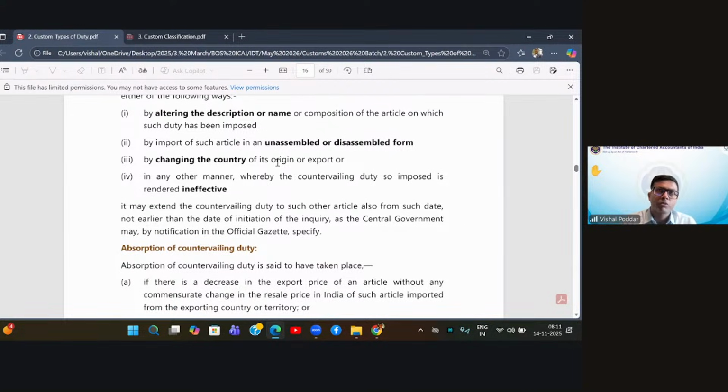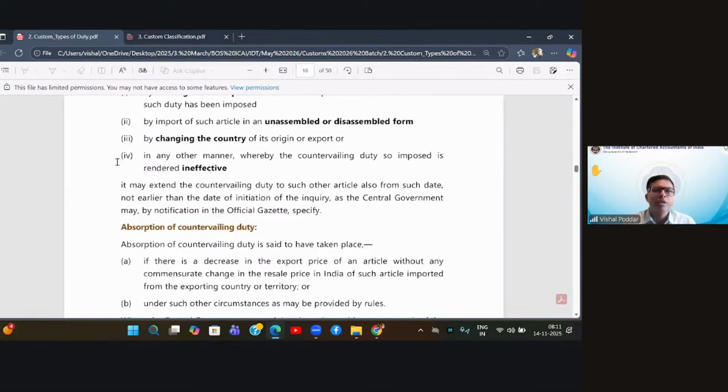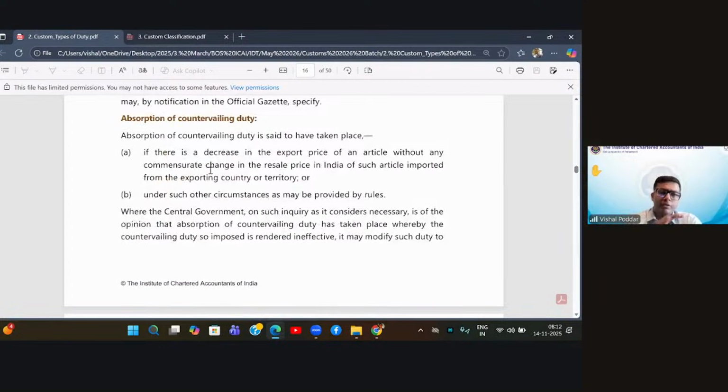So instead of sending the goods directly from Cambodia and Vietnam to India, they'll first send their goods to Sri Lanka, and through Sri Lanka the goods will come to India, or in any other manner whereby the countervailing duty becomes ineffective. So whenever the exporter is resorting to any of these means, the government in India can take measures to ensure that proper duty is levied so that the purpose of this countervailing duty is taken care of.